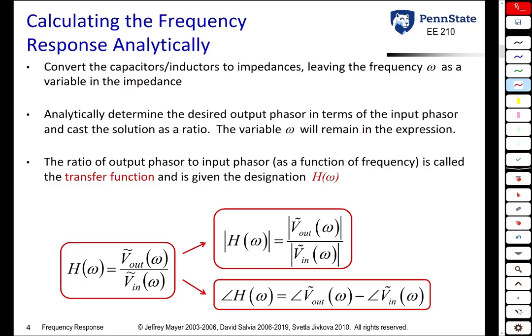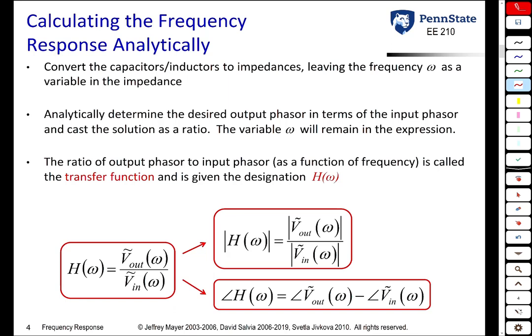In addition to measuring it experimentally, as we did in lab in this course, you could calculate the frequency response analytically, mathematically. The idea here is you convert every capacitor and inductor to its equivalent impedance, but you leave it as a function of omega, because we're not looking at the output at a particular frequency, we're looking at a range of frequencies, so we want to leave omega as a variable.